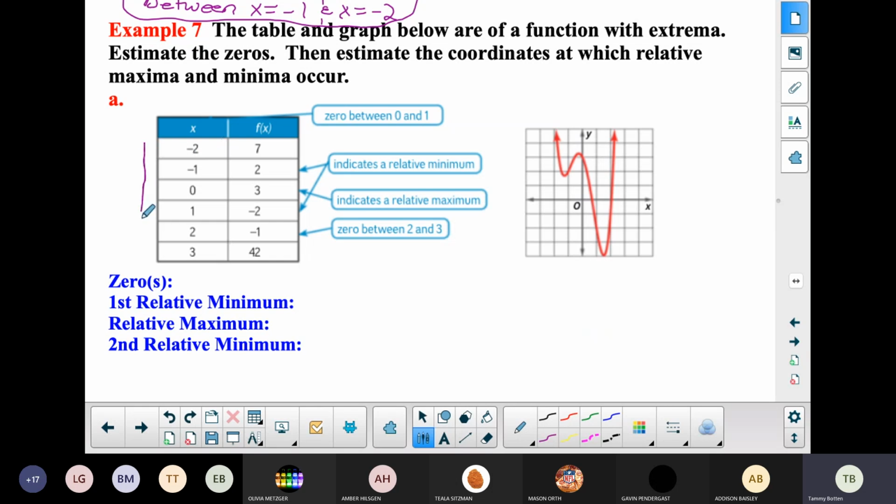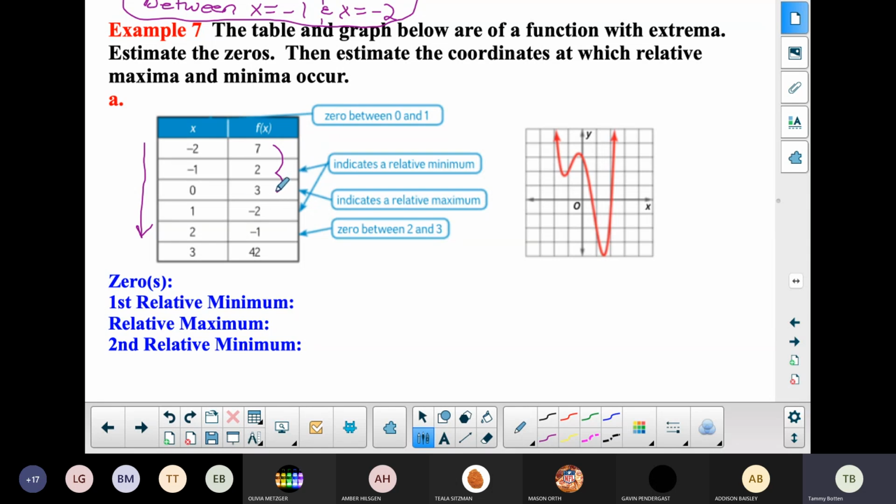If your values are increasing and they're not just haphazardly put there, you can kind of tell where your zeros are going to be in a graph by looking at the signs of these two values. If these are both positive, then you can pretty much figure that these 2 points are going to both be above the x-axis because they're both positive, and you're not going to have a 0 in between those two. In between 2 and 3, they're both positive, so we're not going to have a 0 in between there.